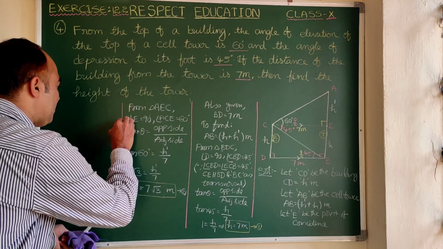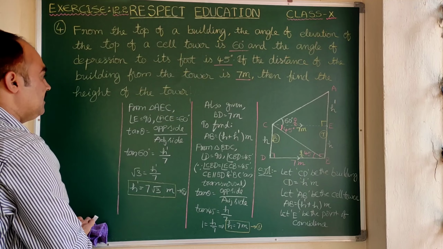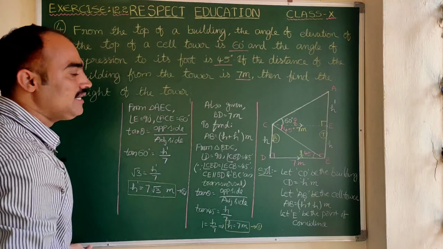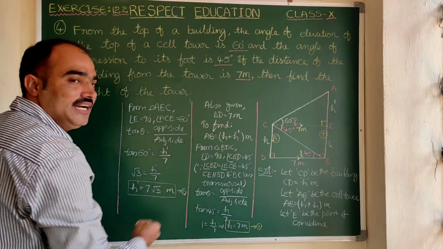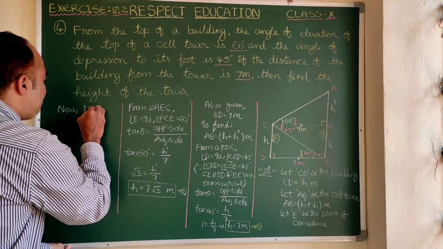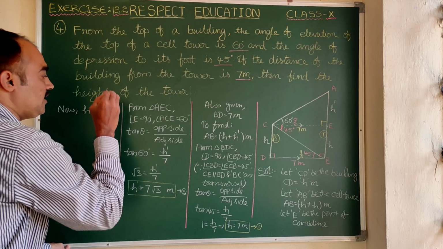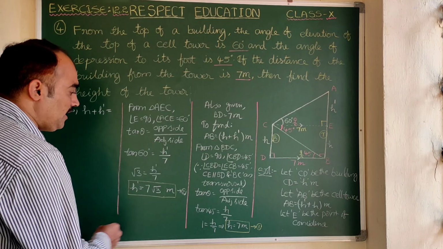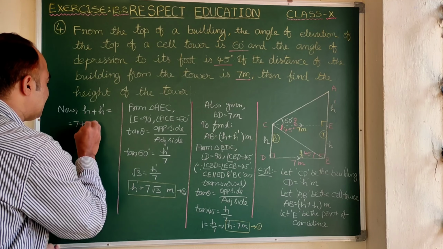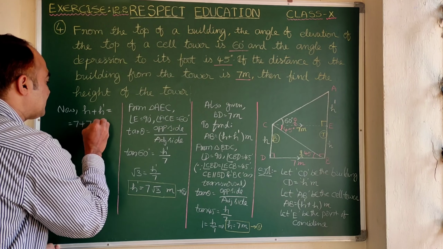Now we came to the conclusion. What is to be found here? The height of the tower, that is nothing but H plus H dash. From equations 1 and 2, H is 7 meters plus H dash is 7 root 3 meters.